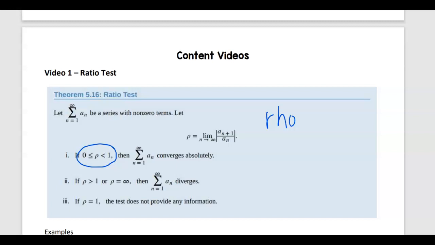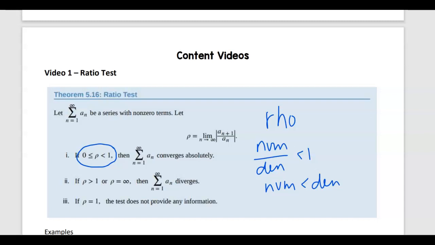What does that mean? If you have a numerator over denominator that's less than 1, then that numerator must end up being smaller than that denominator over time. And so we're able to then say that converges. Think about this as very similar to the geometric series test where we have that ratio being less than 1 because your numerator is smaller than your denominator as the sequence of your series gets really, really big.